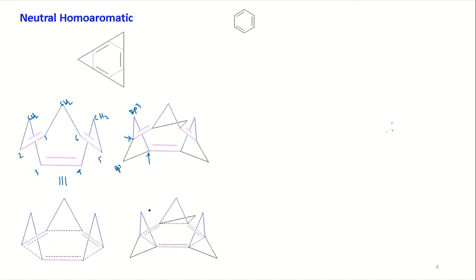So here also you can have the delocalization happening, and this is kept into the category of neutral homoaromatic compound. Okay, let me tell you another example where you have two sp2, and two sp3 connected to each other directly.